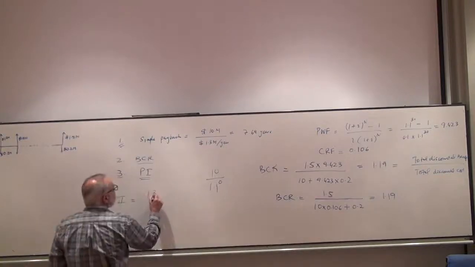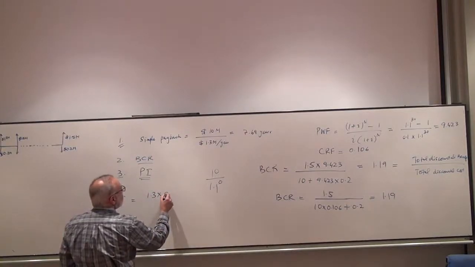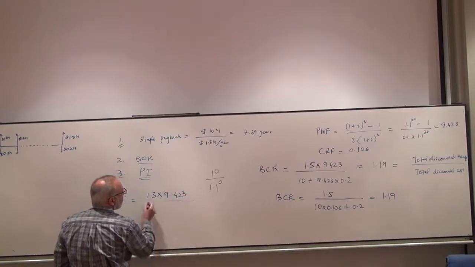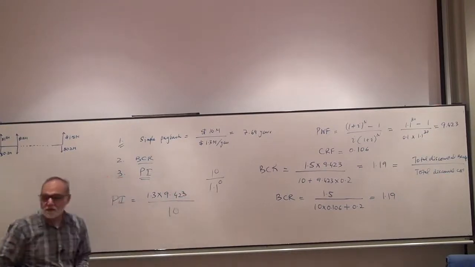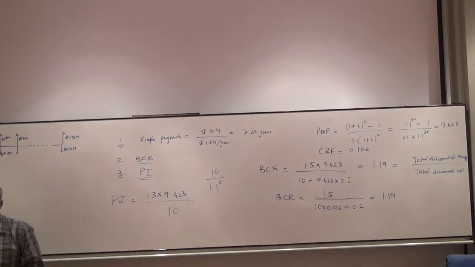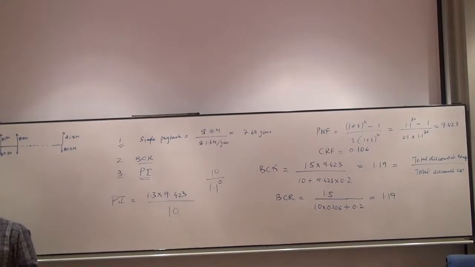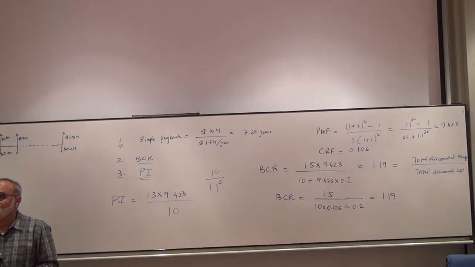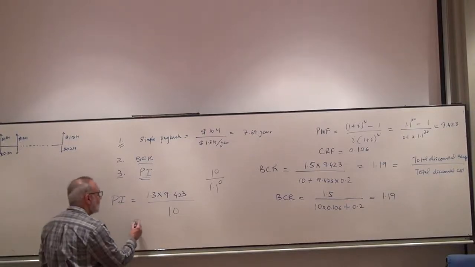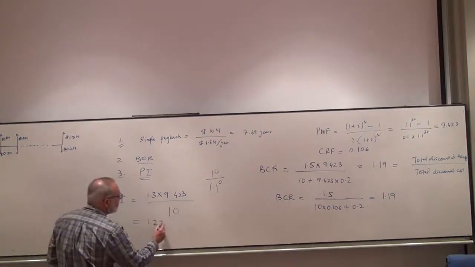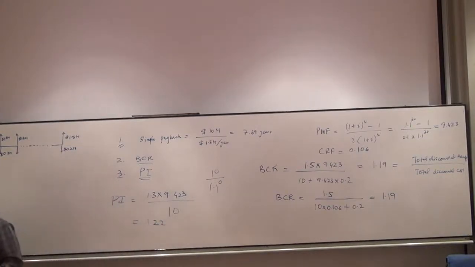Good. So 1.3 multiplied by 9.423 divided by 10. This is the profitability index, a slight variation in the formula. How much is this? I think 1.2 something. 1.22. Thank you very much.